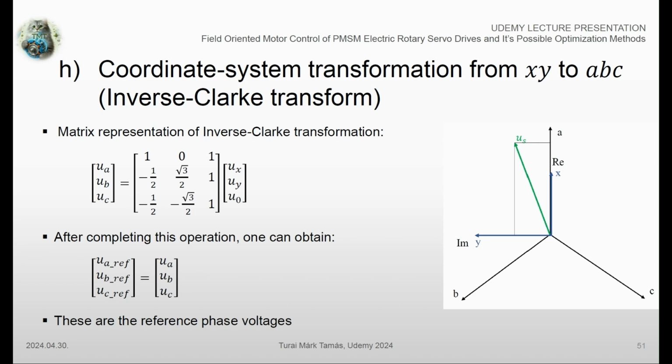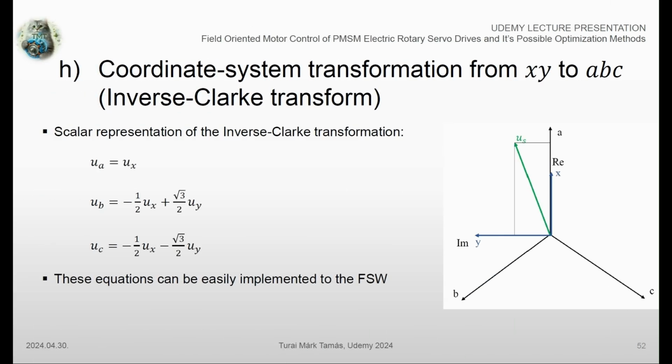Here, the U_S vector represents the stator voltage vector of the PMSM machine that we would like to realize on its windings. In the next slide, I am going to present the scalar equations related to the inverse Clarke transformation, which mathematical operation can be programmed with ease in any programming language.